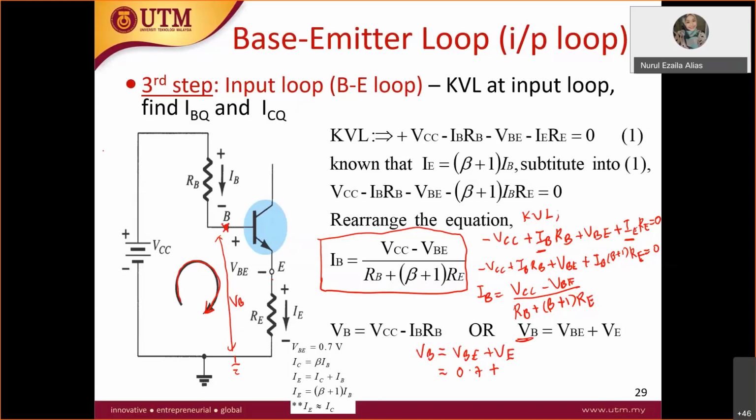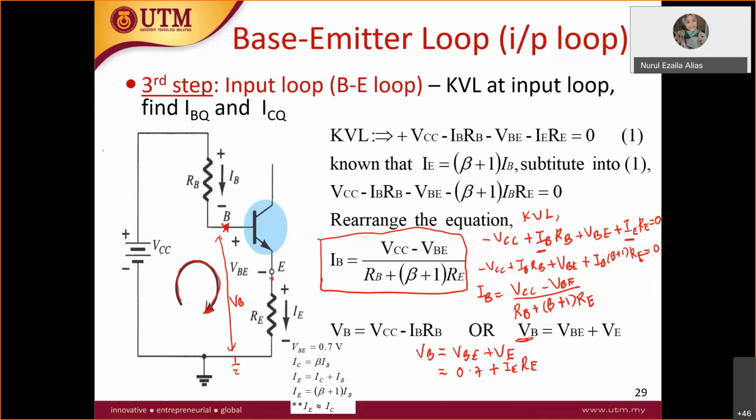VE is equal to what? Here, in this case, student, from this node to the ground, what can you see? What is VE here? RE IE. All right, correct. So it is equal to IE RE. Where can you get IE?